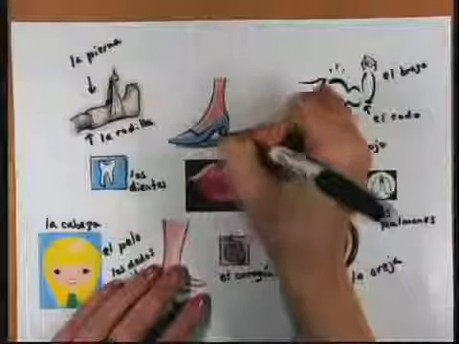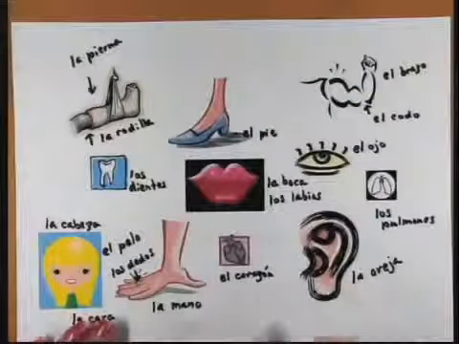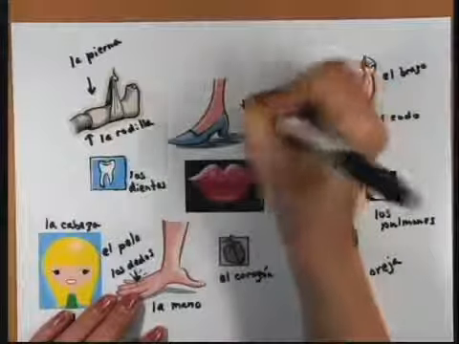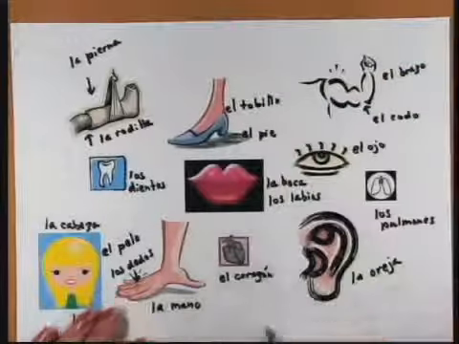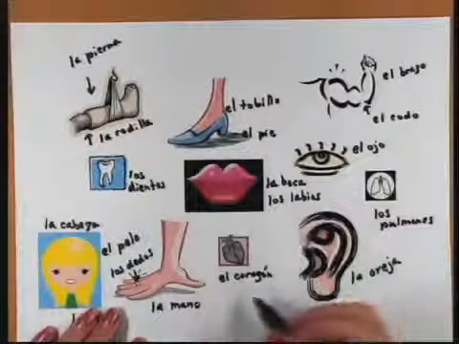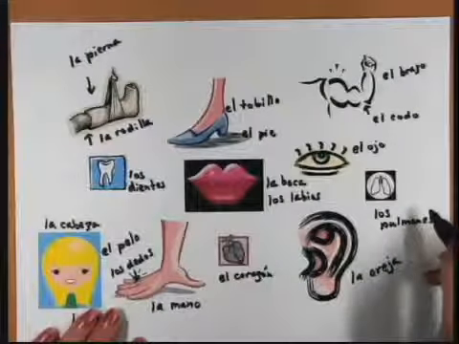Y aquí hay el pie. El pie, los pies. Y también el tobillo. Your ankle es el tobillo. Repite, el tobillo, el pie, el corazón, los pulmones.